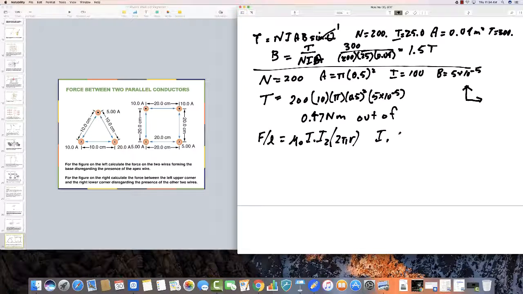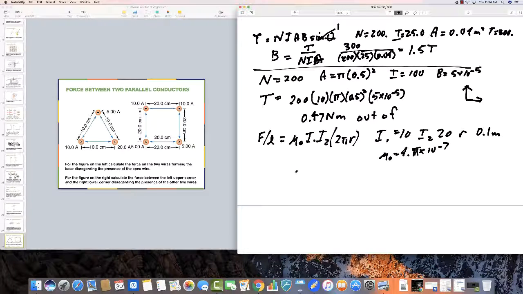I1 is 10, I2 is 20, r is 10 centimeters or 0.1 meters, and mu 0 is, I'm sorry, 4 pi times 10 to the minus 7.